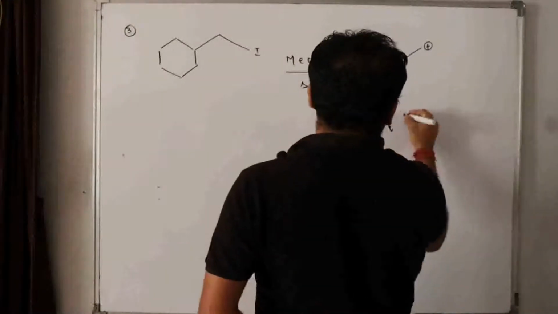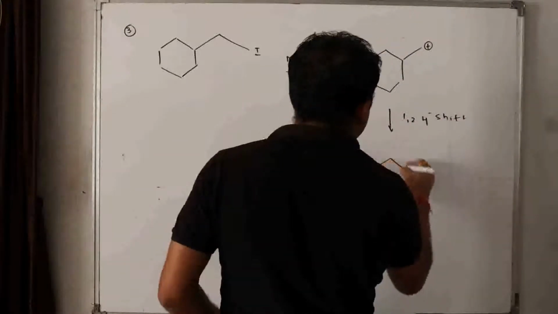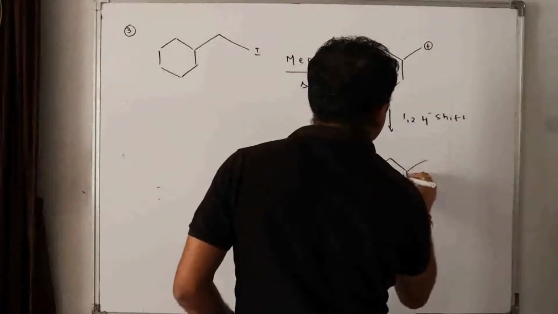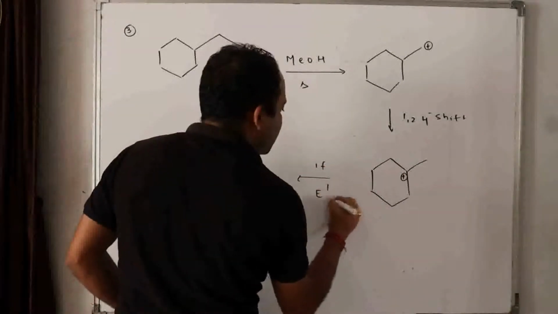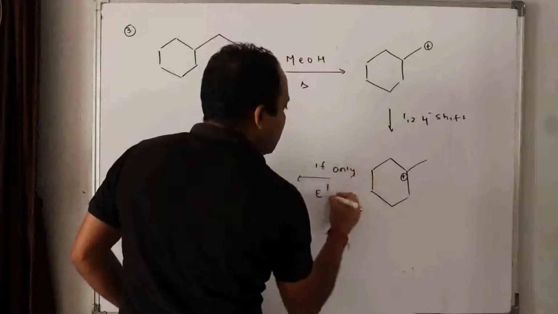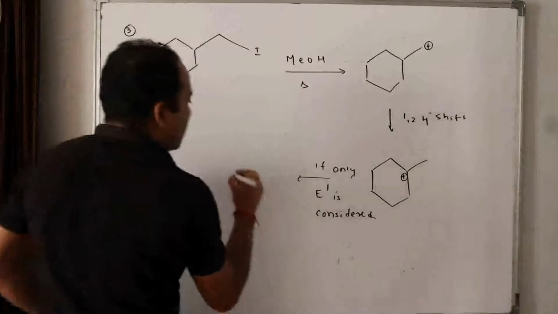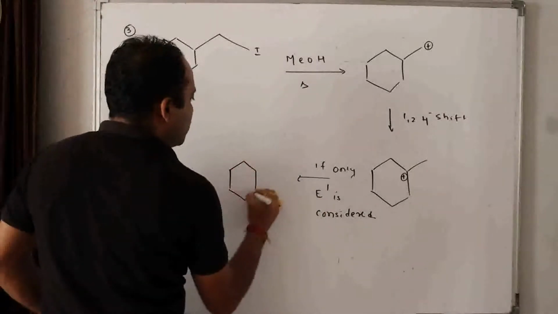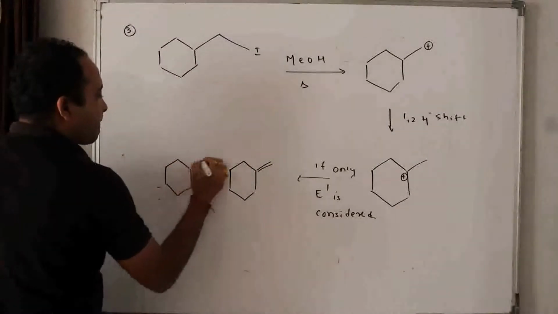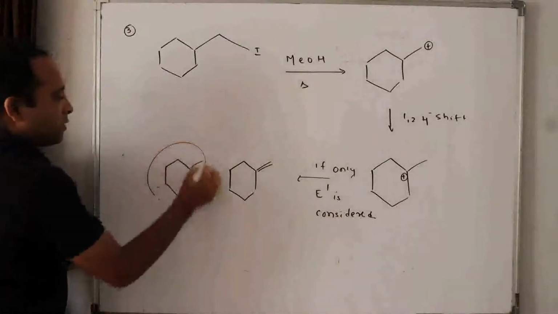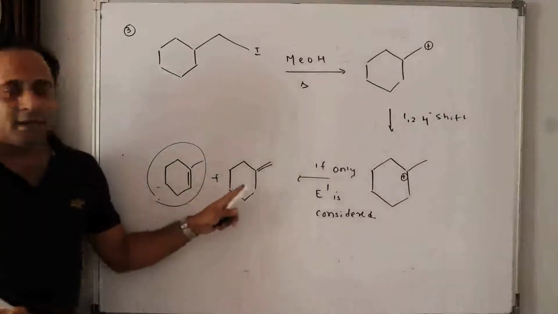How? By 1,2 hydride shift. So this is plus. If only E1 is considered, what will happen here? I will get two products, either this or this. Now among them, who is major? This is major. Why? This is more crowded than this.